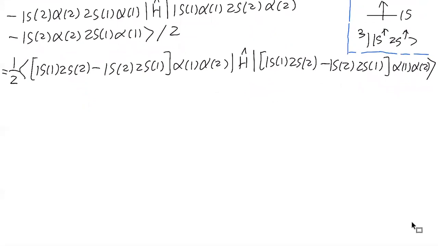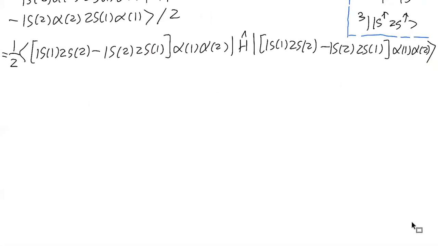Now, you see, you have alpha 1 alpha 2, alpha 1 alpha 2. Of course, this inner product is equal to 1, right?